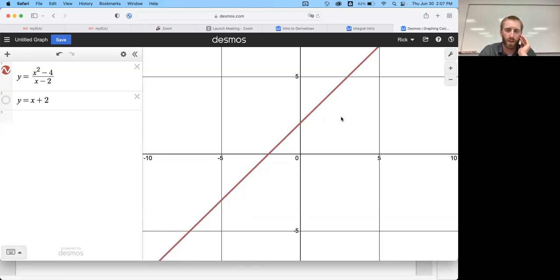However, they're not identical, because if I went to x equals 2 in this first one, it tells me that it's undefined. But if I go to x equals 2 in the blue one, it is defined, it equals 4. So they're not the exact same function. However, the limit as x approaches 2 is the same because the heights of the graphs are the same at that point.